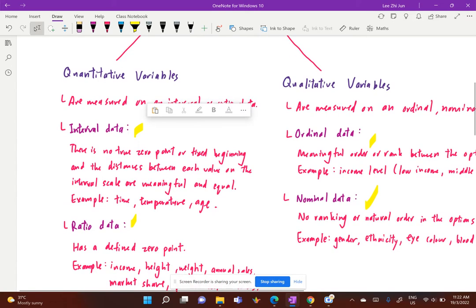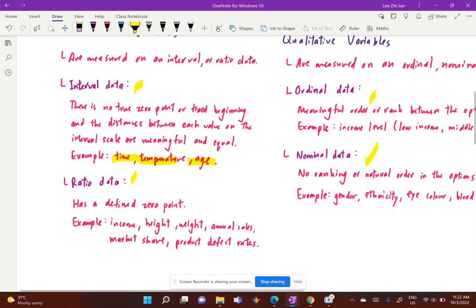Interval data has no true zero point or fixed beginning, and the distance between each value of the interval scale is meaningful and equal, for example time, temperature, and age. While ratio data has a defined zero point, such as income, height, weight, annual sales, market share, and product rates.